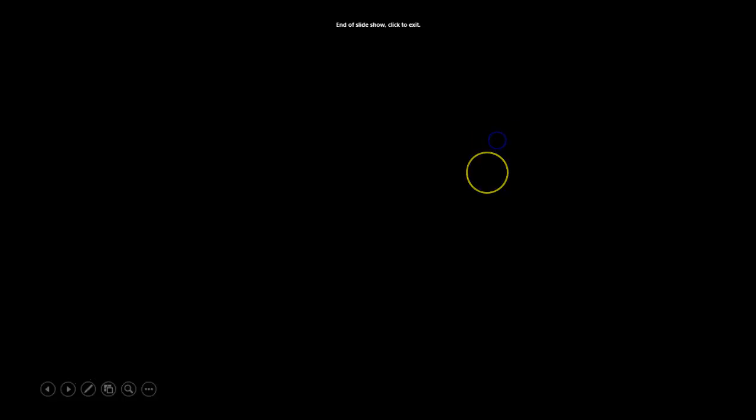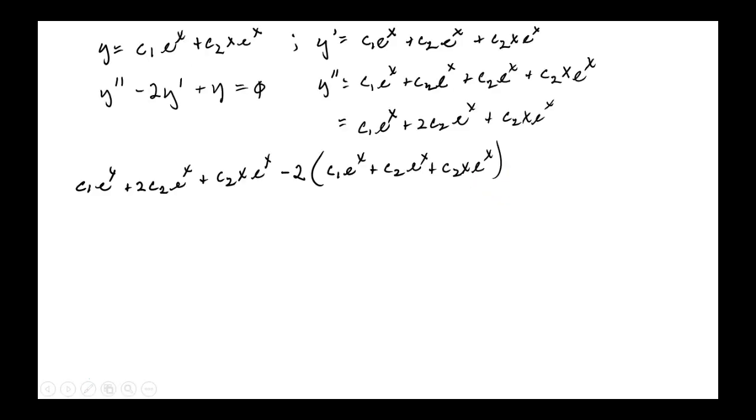Right? Plus y, and your y was C1 e to the x plus C2x e to the x. Right? The question is, is that equal to 0? That's what we need to determine.